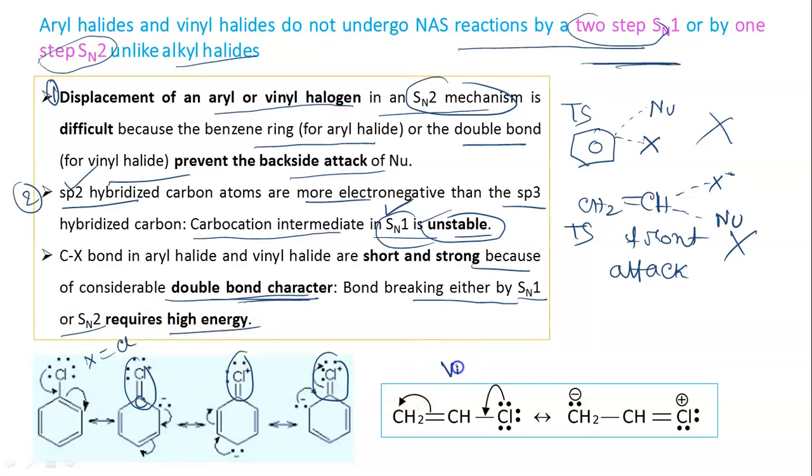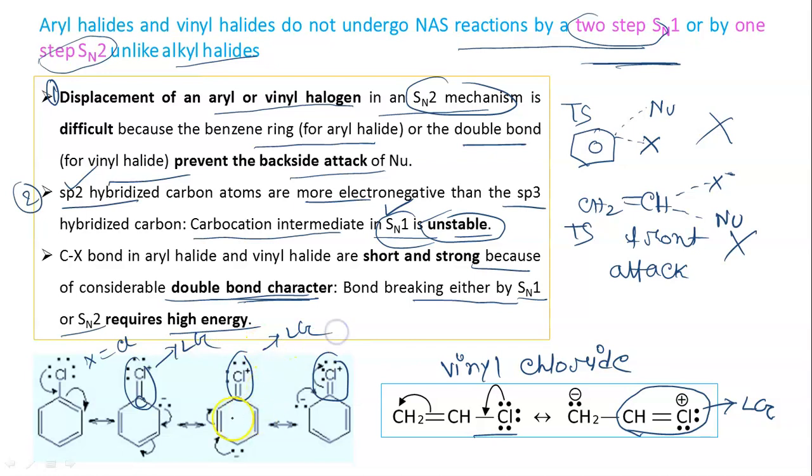And this is our vinyl chloride. Here also you can see after the resonance, there is double bond character between carbon and chlorine, which is actually our leaving group. So when there is a double bond character between the carbon and the leaving group, to break that bond will obviously require very high energy.